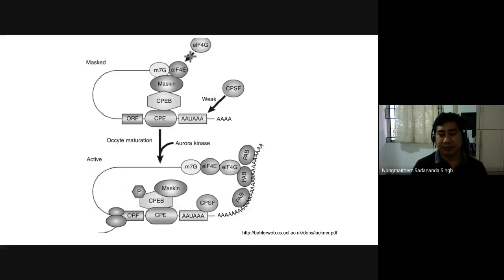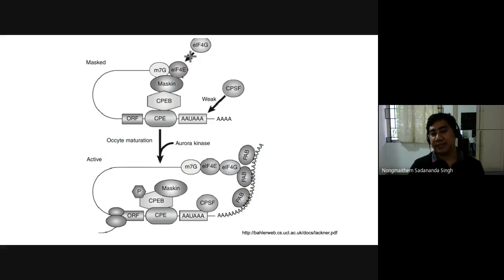Then next, what I was talking about was that at the translation level, you can mask the initiation factor assembly. As we all know, the M7G cap is recognized by the cap binding protein, which interacts with initiation factors eIF4E and 4G, as well as 4A.